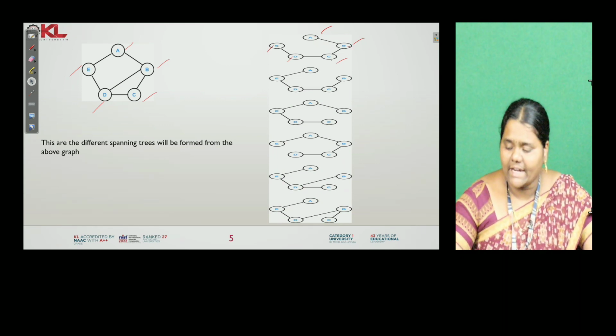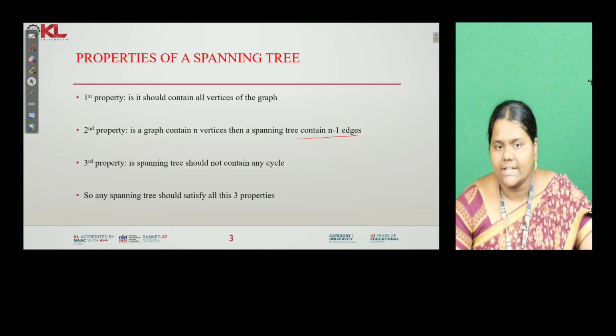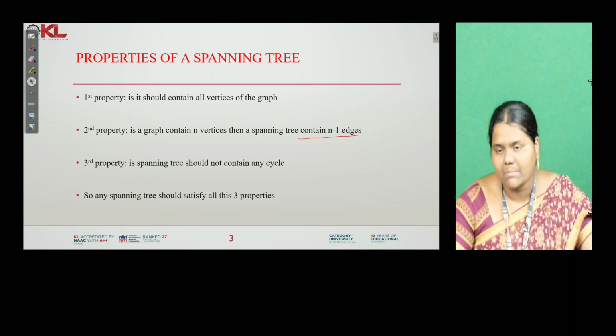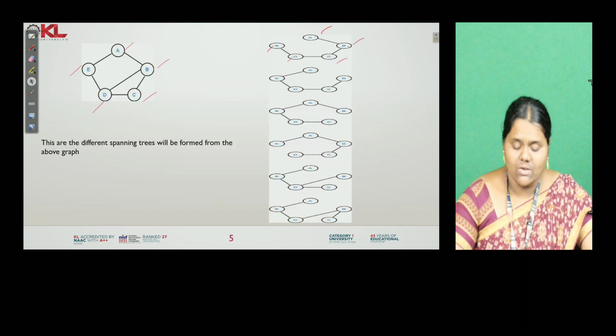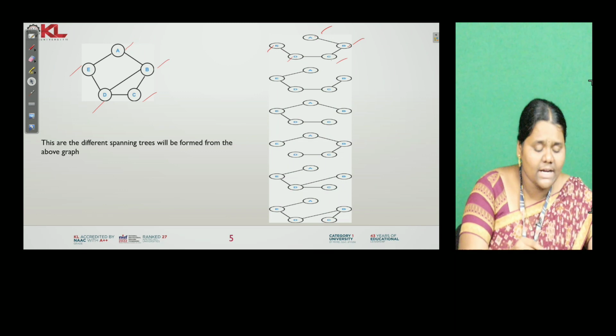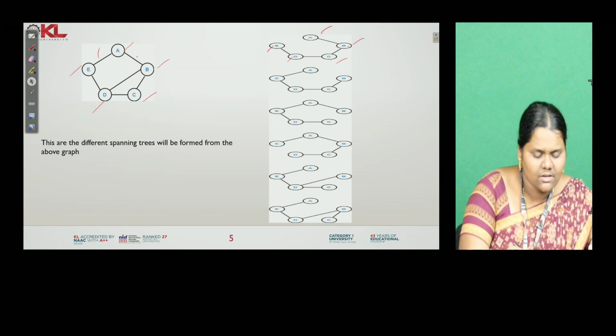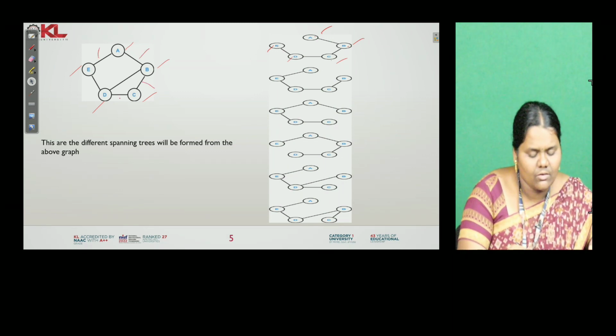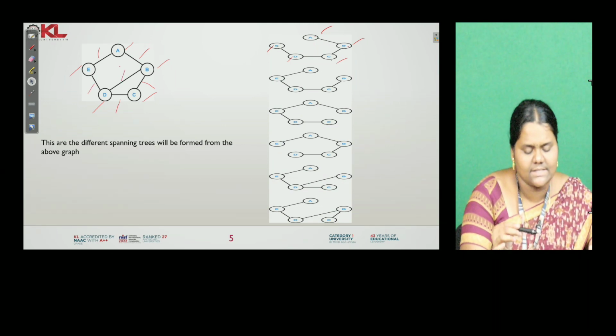And the second property is that if a graph contains n vertices, then the spanning tree contains n minus 1 edges. Now see n minus 1 edges. How many edges exist in this graph? 1, 2, 3, 4, 5 and 6.